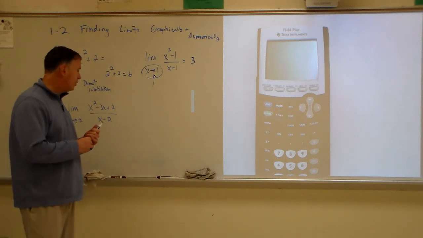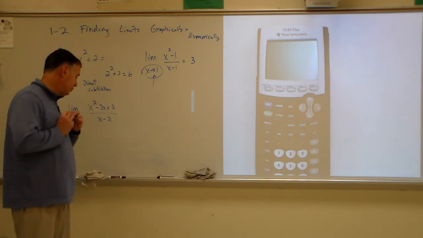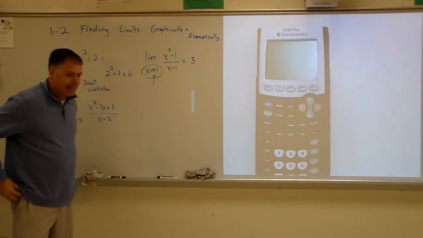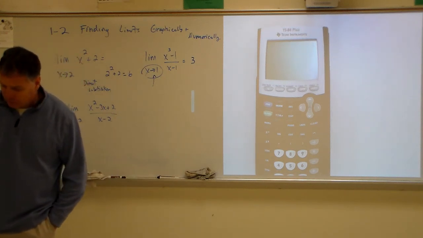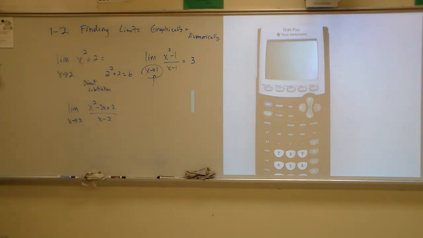So you're going to have to pause the video and type it in. This is good practice for you. It's one thing to see me do it, and it's another thing for you to be able to do it by yourself. So please take that and plug it in.